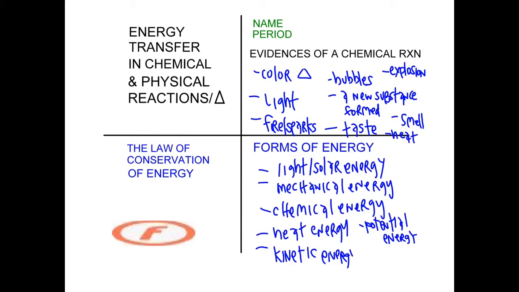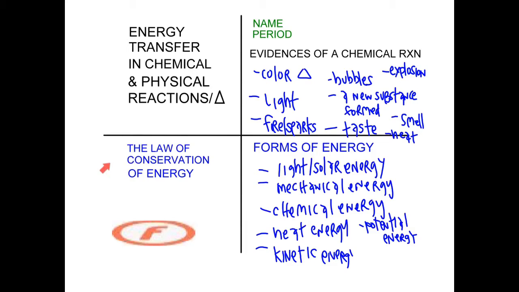So that's our chemical energy there. Heat energy, right, the energy associated with heat loss or heat gain. And then kinetic energy and potential energy is basically the energy that's stored up or energy being used. Anytime we see energy being used, that's kinetic energy. And potential energy is energy waiting to be used.